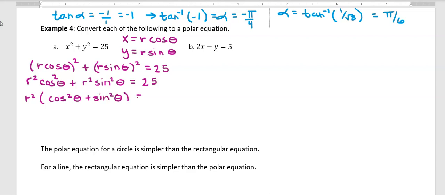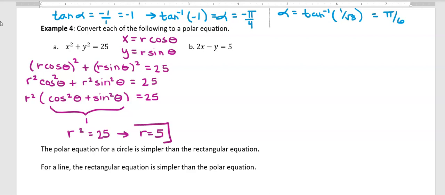This probably looks familiar to you because the cosine squared and the sine squared is an identity, and we know that that's equal to 1. So really, instead of r squared times the cosine plus sine, it's really multiplying with a 1 as well. So we can just write that as r squared is equal to 25, which would mean that r is equal to 5 when you take the square root of both sides. So there's our first equation.